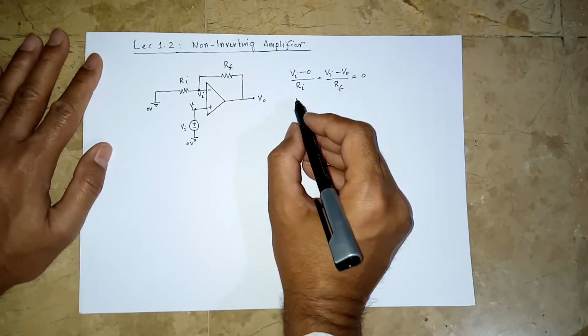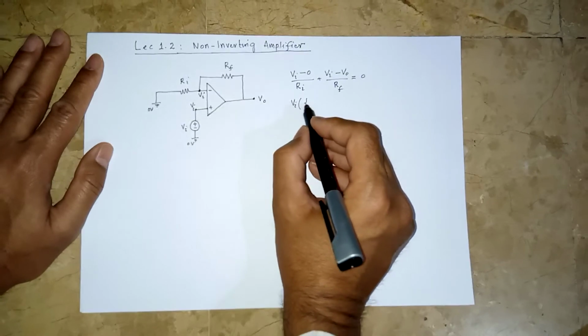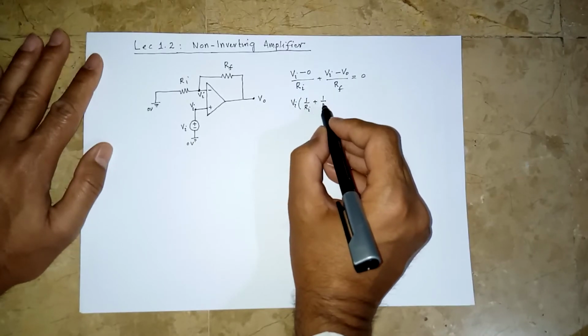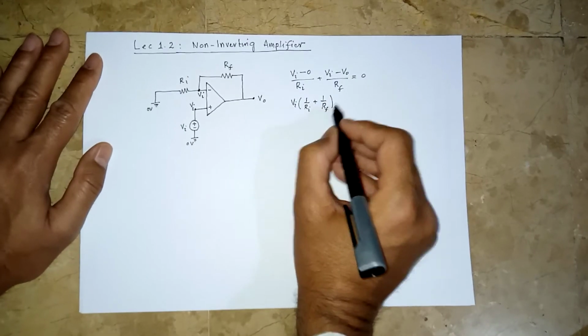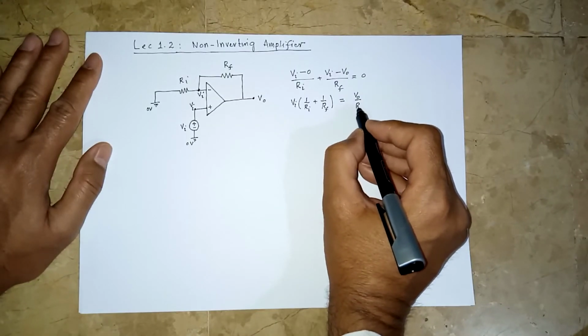So we can now solve this as Vi times 1 over Ri plus 1 over Rf is equal to Vo over Rf.